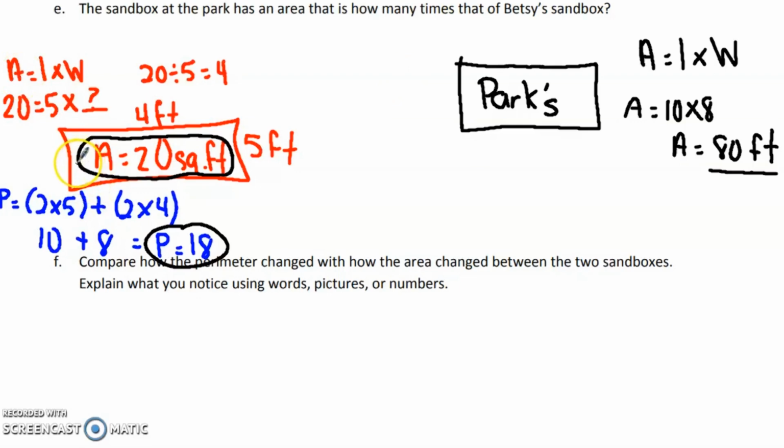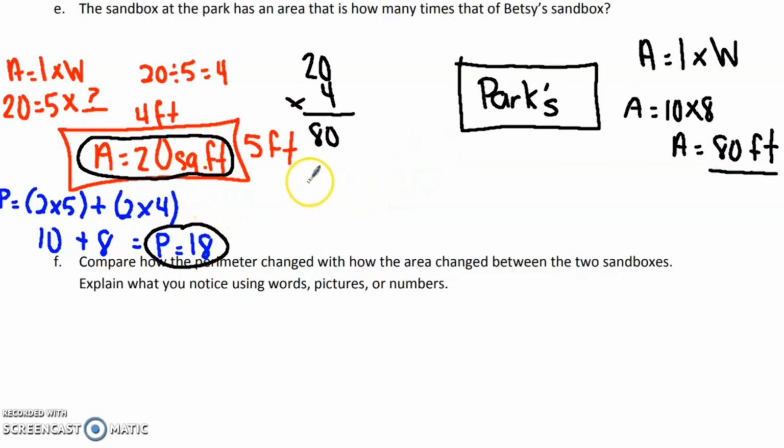Well, if you take a look, I have 80. I know that if I multiplied 20 times 4, I get 80. Right? Because 0 times 4 is 0 and 4 times 2 is 8. So that means that 80 is 4 times greater.